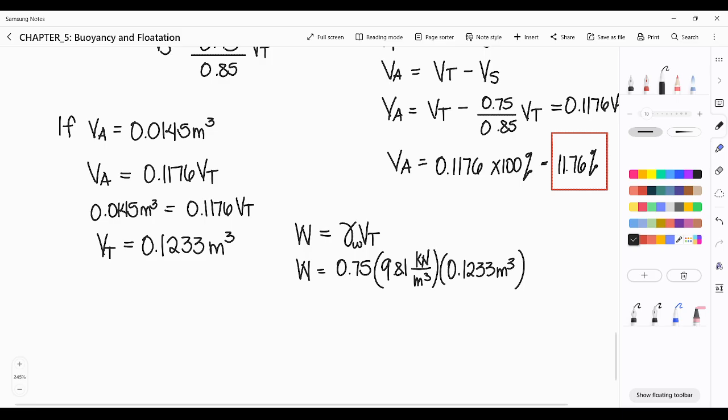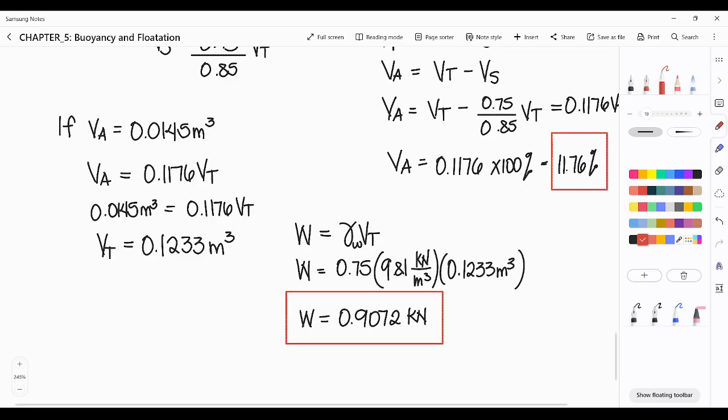So, we will arrive with the value of our weight with the units of kilonewtons, and by simply pressing that into your calculator, you'll arrive with 0.9072 kilonewtons. Ayan yung weight nating nakuha.